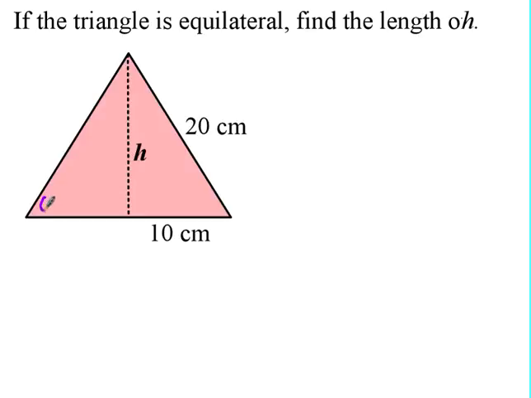So every angle in the triangle is 60 degrees. Up here at the top, that's supposed to be 60. But if I divide it by 2, I've created two 30-degree angles. And so really, what can you tell me about h?